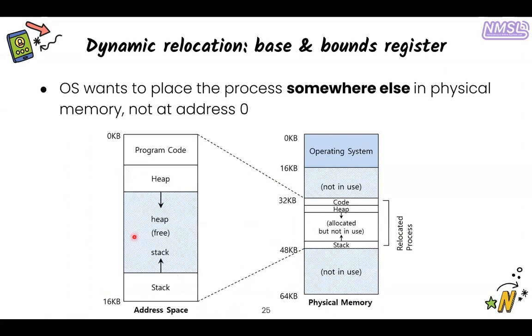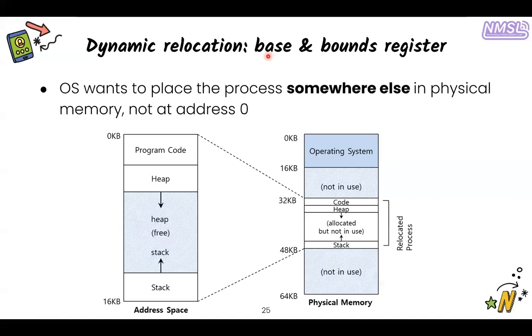But in the virtual address space, it starts from 0. The size of this block is 16K. So the OS has to place this process somewhere in the physical memory, and most likely, definitely not starting from 0, because you have your OS running here anyways. So you're going to need some help from the hardware registers.